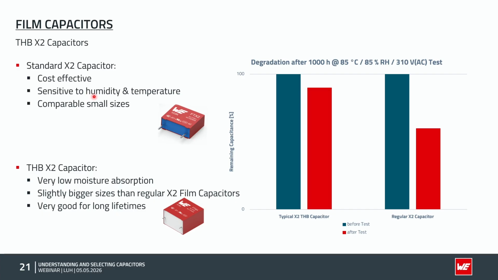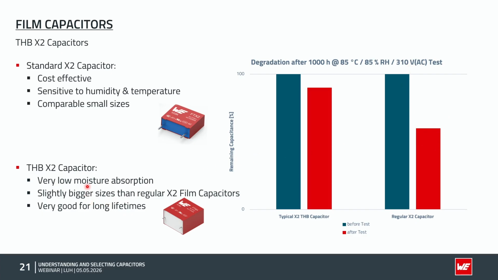But the problem for these parts is here. We show it on the right-hand side. You can do some tests, such as the 85-85 test at 310 volts AC, and you see that the capacitance drops a lot for the regular X2 capacitors.